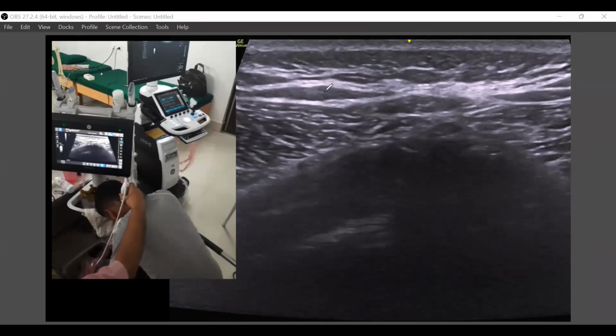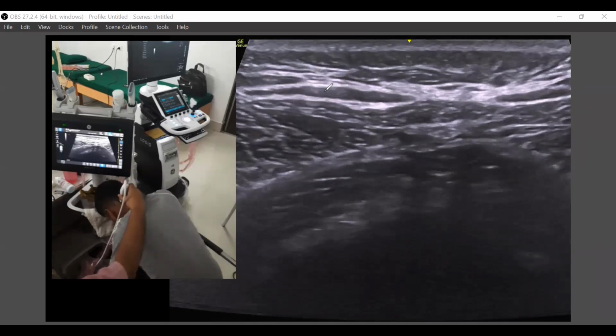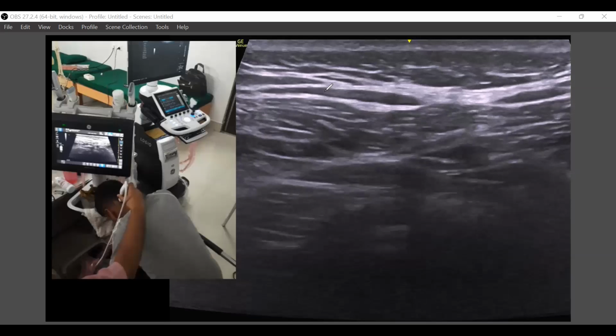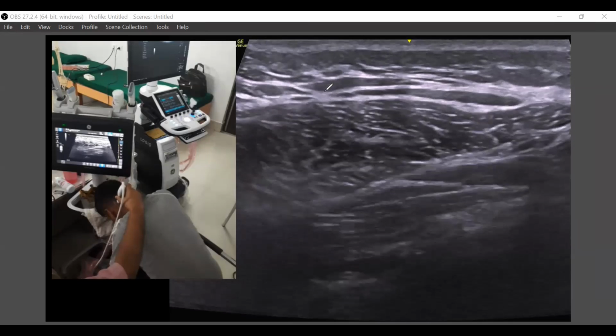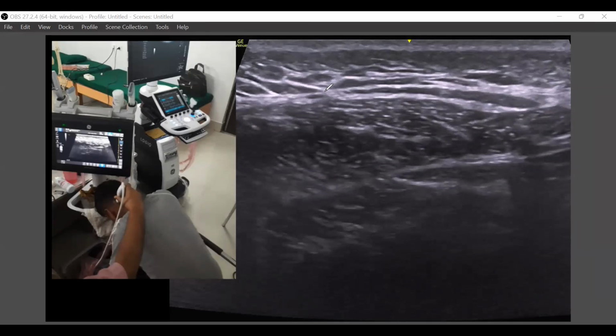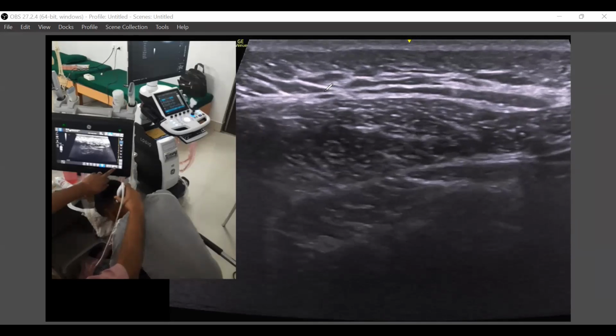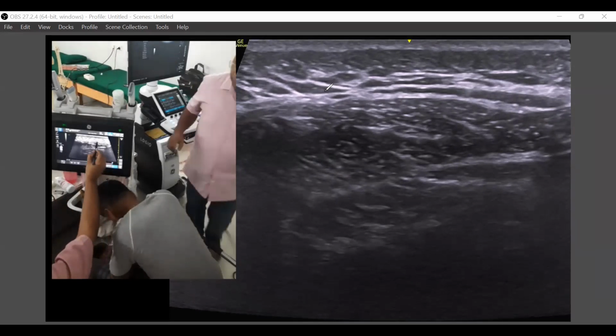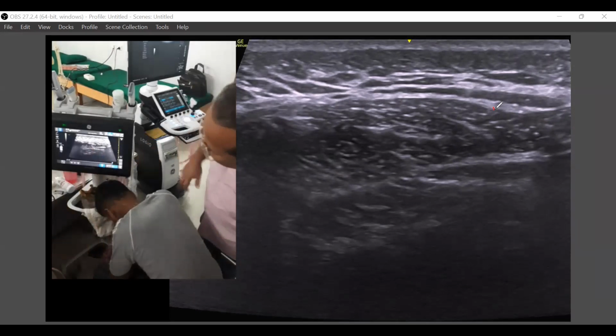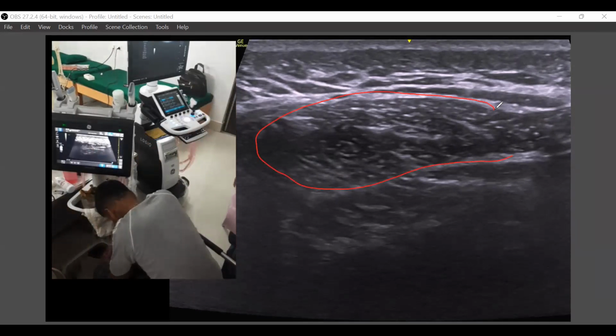At this point, if I am going laterally from the C1, C2 junction, you can see the whole of this is your semispinalis. I am at the level of C1. This is your rectus capitis posterior minor, and this is your rectus capitis posterior major.